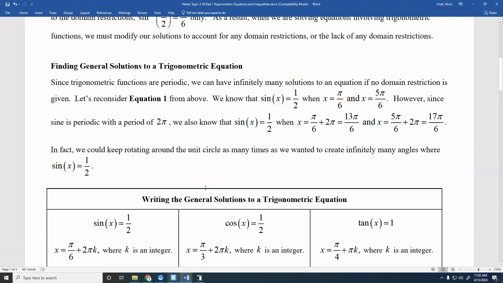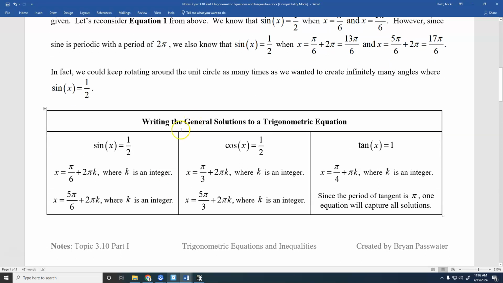Or we could keep adding that over and over again, right? So if we are writing general solutions to a trig equation, then whenever we find where sine x equals 1/2, we could do pi over 6 plus 2 pi k, where k is an integer, and 5 pi over 6 plus 2 pi k, where k is an integer, which is what we were doing on the warm-up, right?